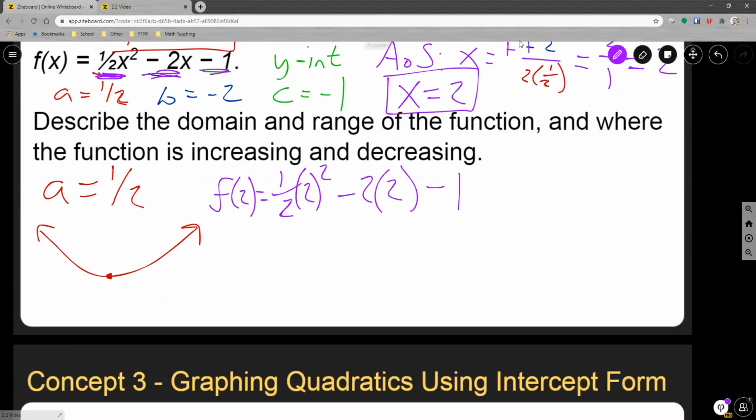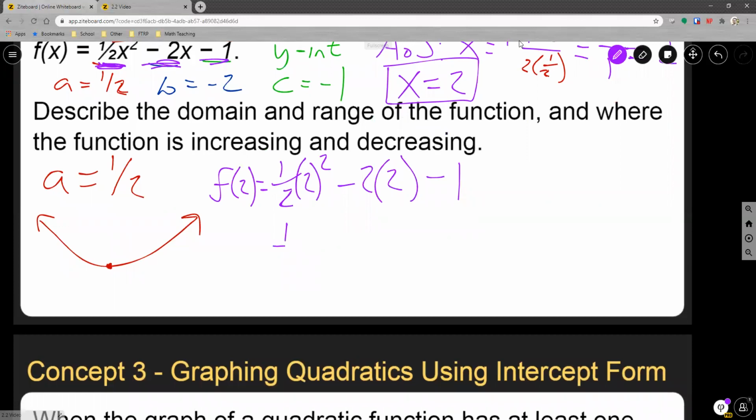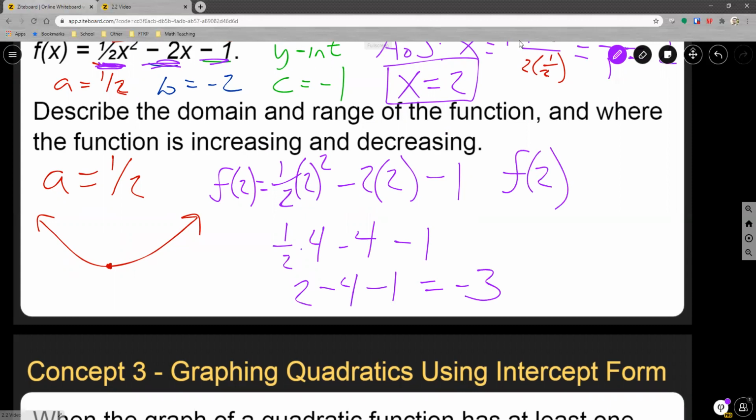I can evaluate. 2 squared equals 4, so I have 1/2 times 4 minus 2 times 2 is also 4, minus 1. 1/2 times 4 is 2. 2 minus 4 gives me -2. Minus 1 gives me -3. So in other words, when my function is at the x value of 2, or f of 2, my output value is -3.